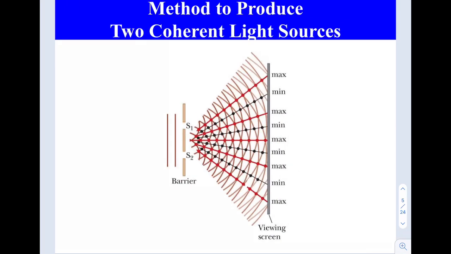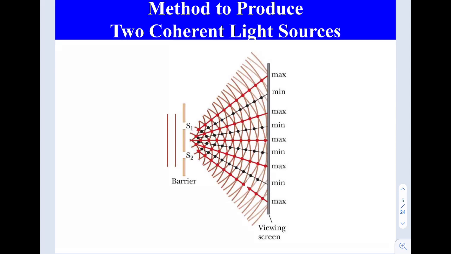Method to produce two coherent light sources. If we refer to this diagram, this is the same as our schematic diagram of Young's double-slit experiment. How do we produce two coherent light sources from one single wave? The wave is incident on a barrier, where within this barrier we have two openings or slits.